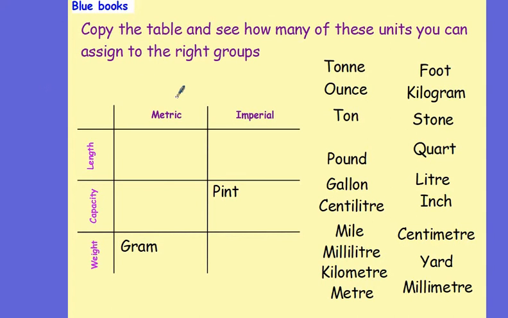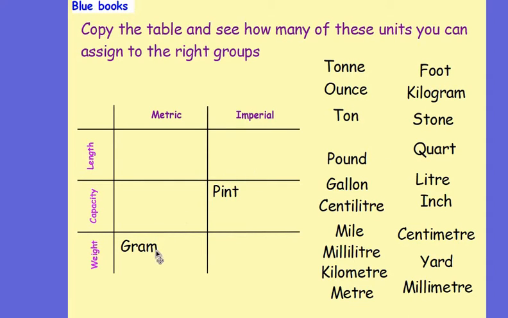To start us off, in your dark blue books, can you copy out this table, which says metric and imperial? On the side, I've written weight, capacity, and length. And if you're not sure, fill it in pencil to start me off. But can you put all of these units into the correct spaces?